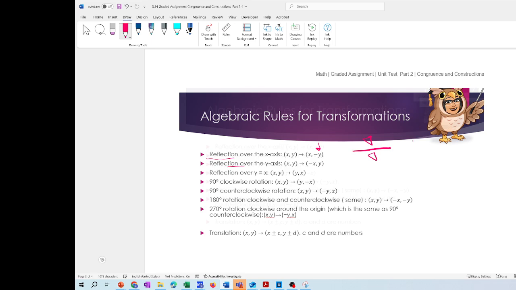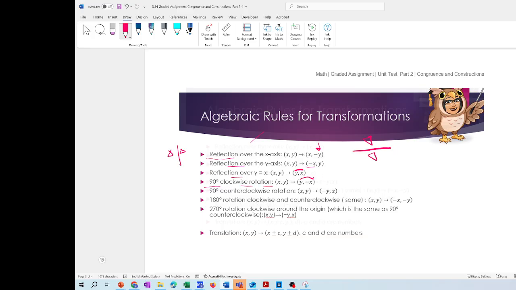Over the y-axis, that means that you're going to have the same figure this way. The only thing that changes is the x, either positive or negative. If it's positive to negative, negative to positive. Reflection over y equals x is just a diagonal. What happens here? You only switch. You don't change signs.